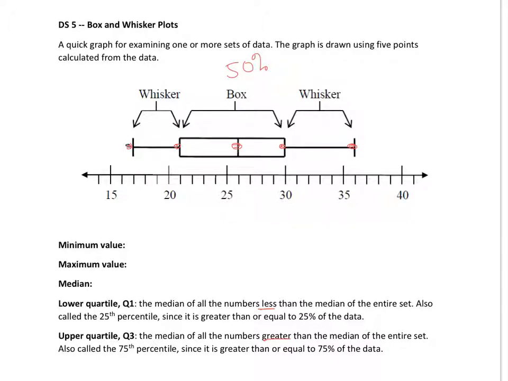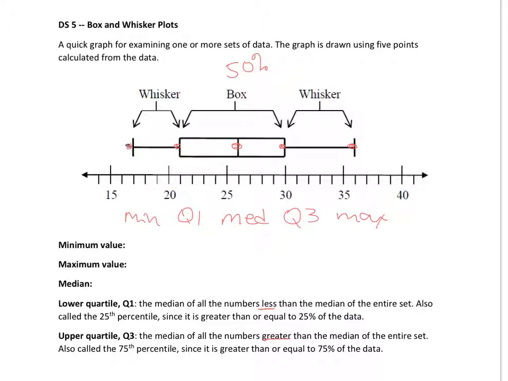So in order from lowest to highest, let's put these values here and look at the graph and fill in those values. So the lowest value is our minimum. The next lowest value is our first quartile, then comes our median, and then comes our upper quartile, or Q3, and then comes our maximum value.